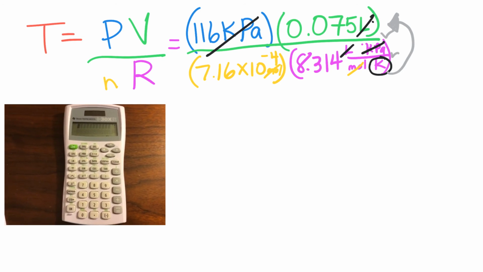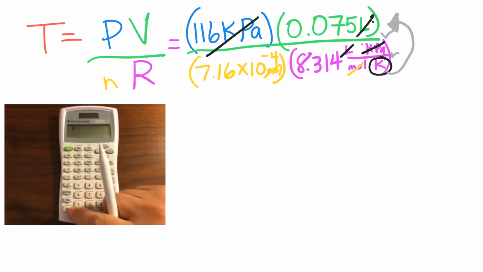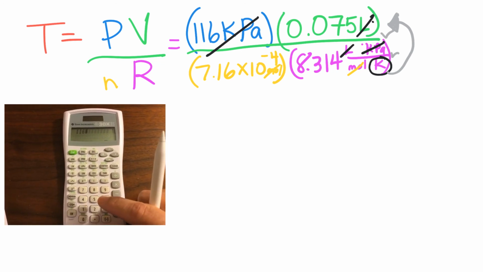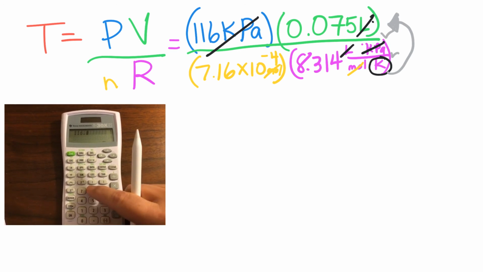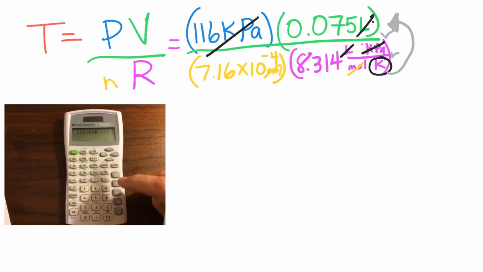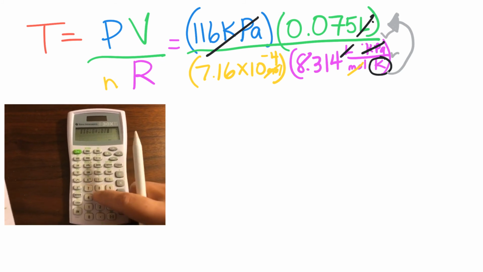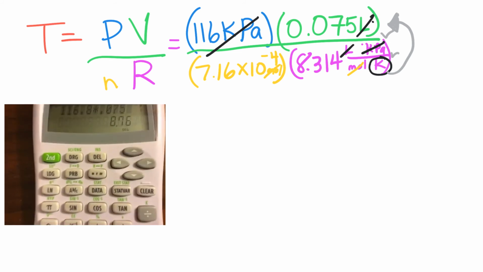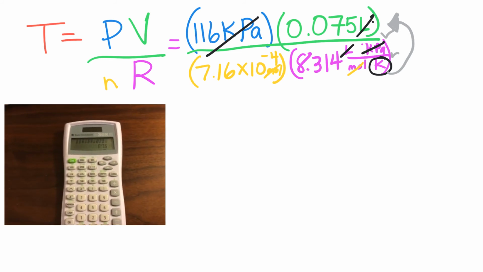The 116 kilopascals, and that was actually 116.8. I think I forgot the 0.8. Multiplied by 0.075 liters equals, and I get 8.76 for my top number.